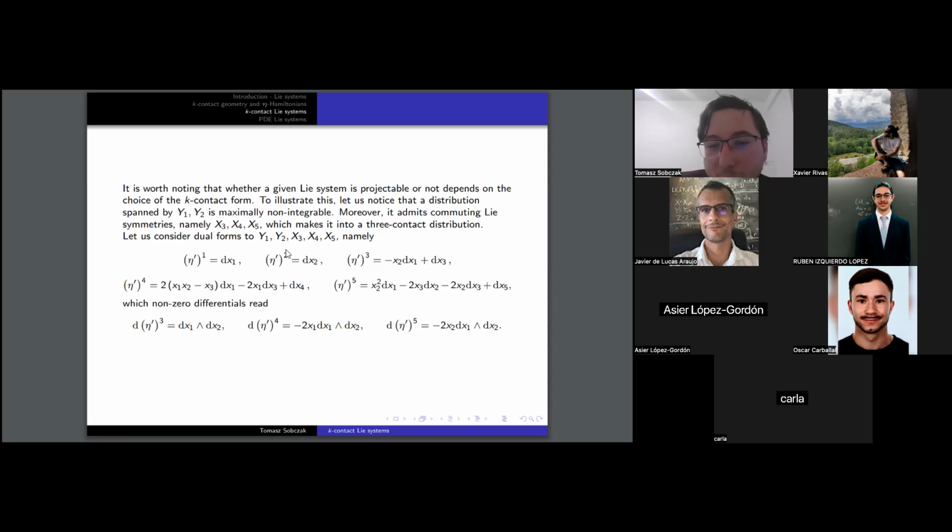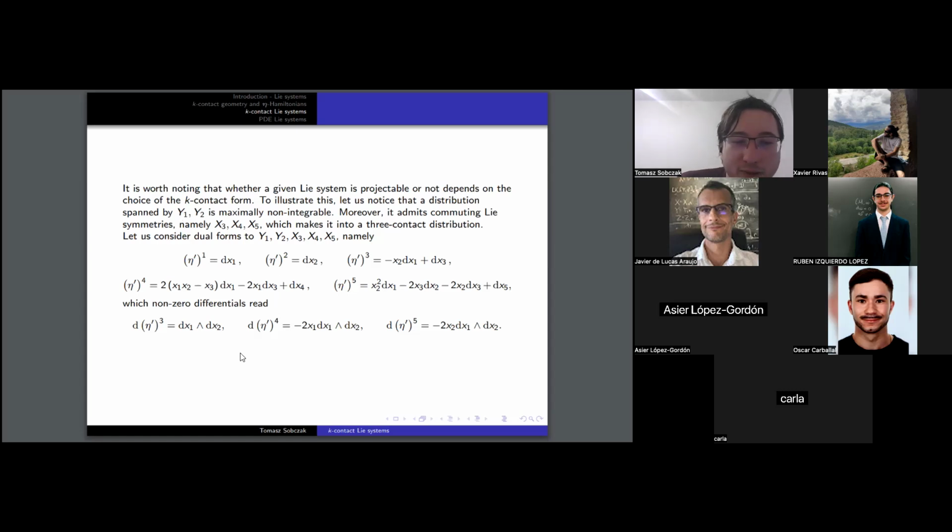If one calculates it, I denoted it as eta prime. Once again, we are dealing with the same system. Before it was the projective one, by the manner in which we obtained the k-contact form. In our case, it was a two-contact form. And now we are changing the approach. We are using our theorem to find another set of differential one-forms.